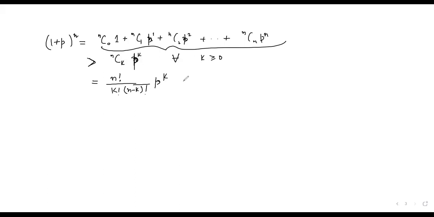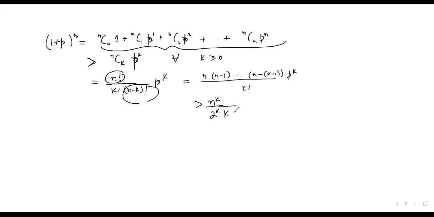Right, but that can be written as n into n minus 1, so on and so forth, n minus k plus 1 divided by k factorial. मैंने इसको adjust किया, nothing more than that, p raised power k, but this is bigger than n raised to power k divided by 2 raised to power k into k factorial into p raised power k.